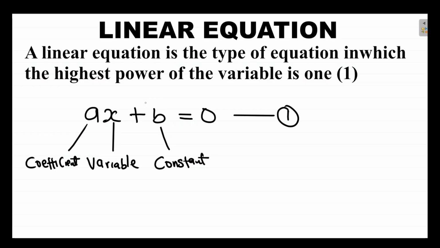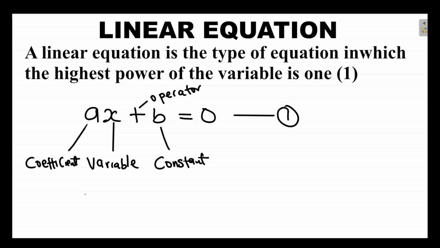And lastly, a linear equation also contains an operator. The operator is a symbol that represents the operation. We are using the operator of addition because we are saying that ax plus b is equal to 0.